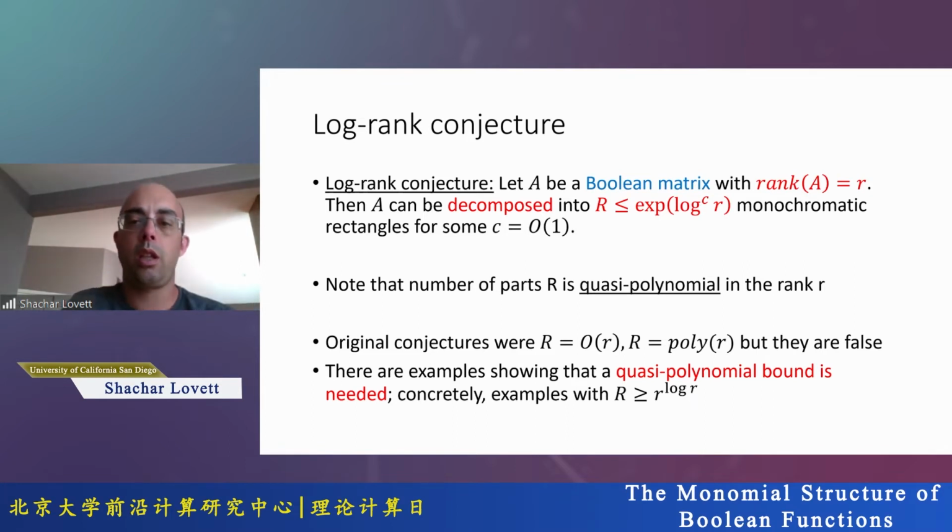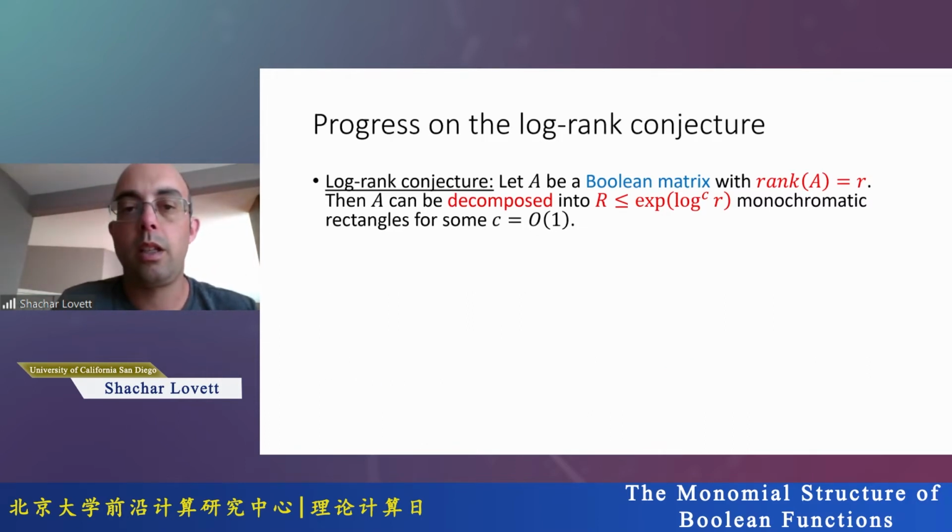The reason people go to this weird conjecture is because initially they had strong conjectures that turned out to be false, because people found better and better examples of such low-rank Boolean matrices. So this is our conjecture. It turns out you can prove a very simple bound where you lose something exponentially.